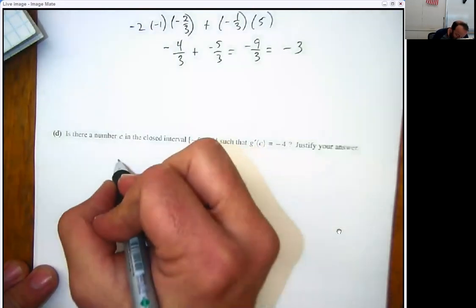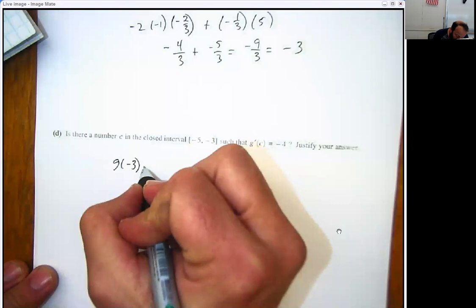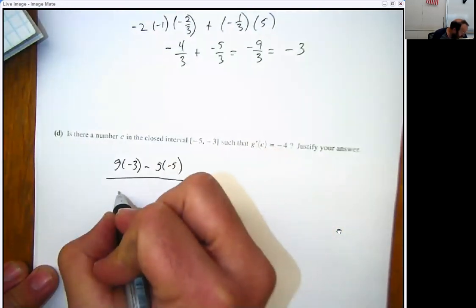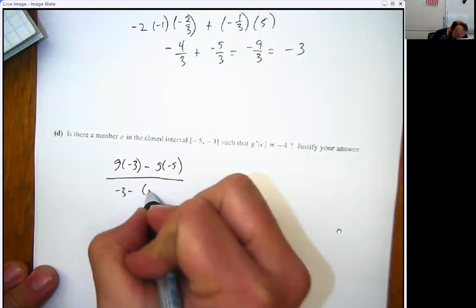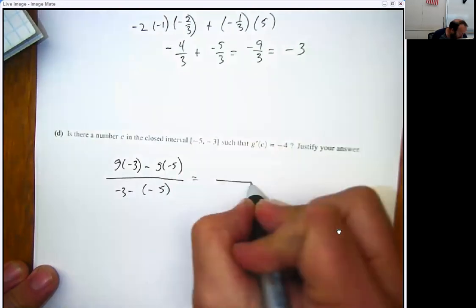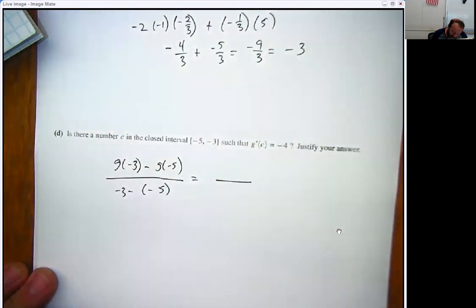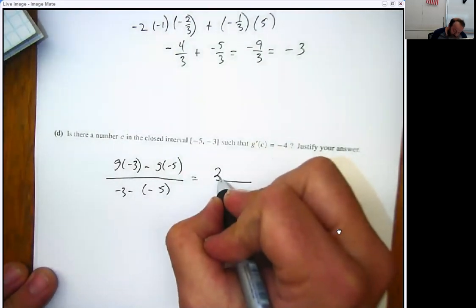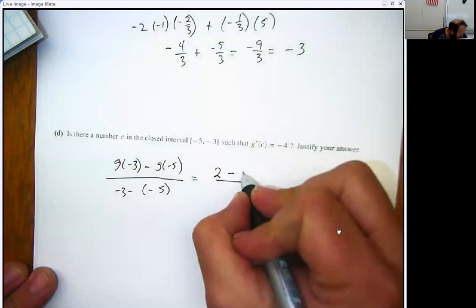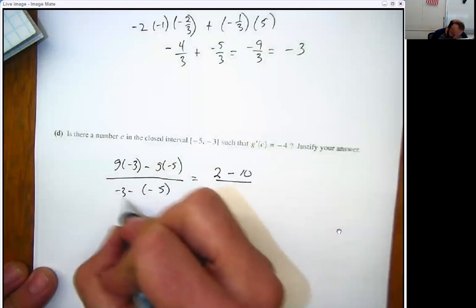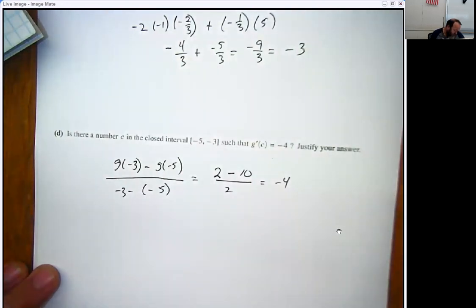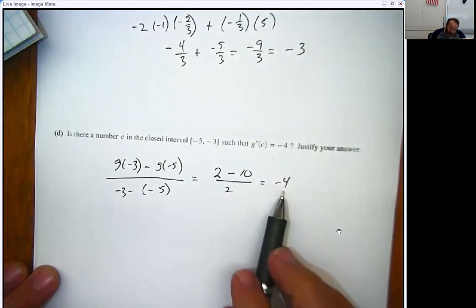And so if we look at y2 minus y1 over x2 minus x1, and I grab those numbers directly off of the chart, g of -3 was 2, g of -5 was 10, and of course this difference is 2. Lo and behold, we end up with this value, which is -4.